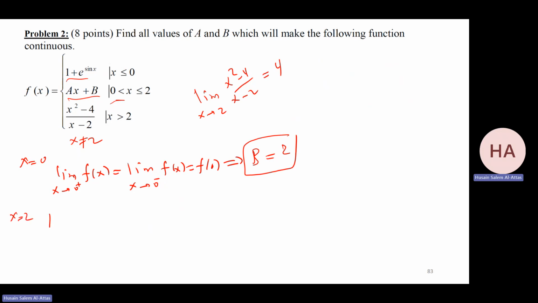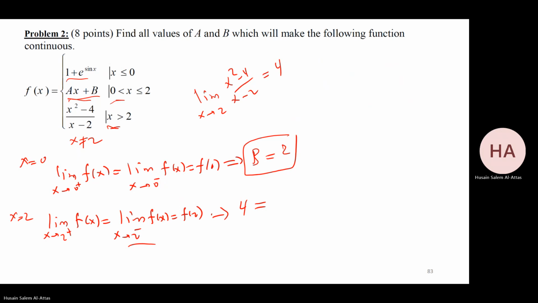X equals 2: limit as x goes to 2 from right equals limit from left equals f at 2. From right, I'm here; we did the limit, it's 4. From left, I'm here, that will be 2a plus b. I know b is 2, so a will be 1. So a equals 1, b equals 2.